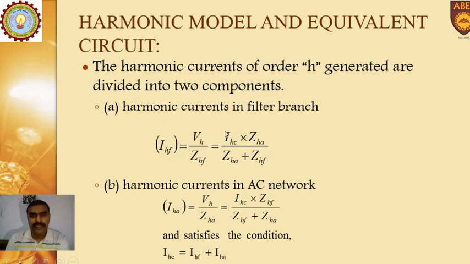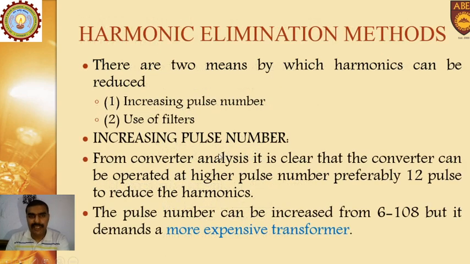IHF is the total current IHC multiplied by the opposite branch impedance, that is ZHA, upon total impedance. Similarly, the harmonic current in the AC network will be equal to IHC multiplied by ZHF, the opposite branch impedance, upon total impedance, and IHC will be equal to IHF plus IHA.